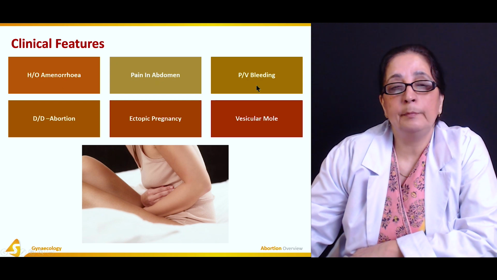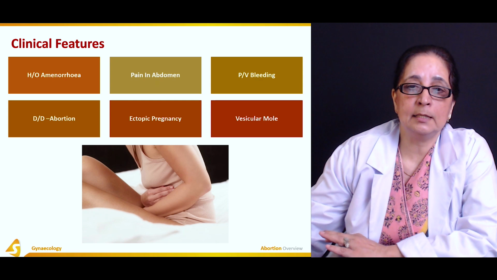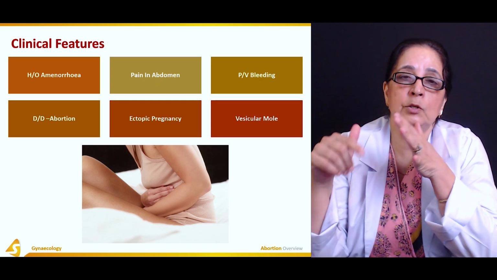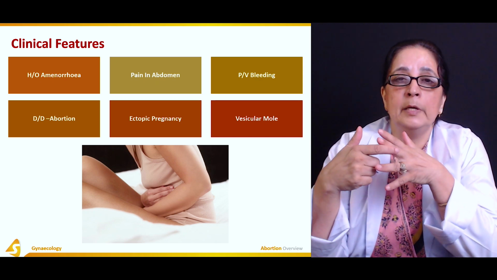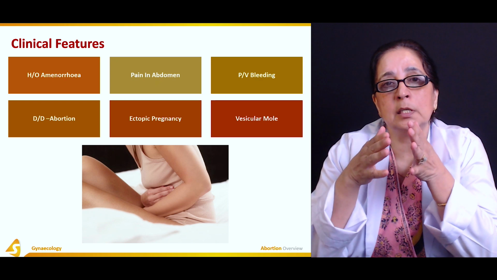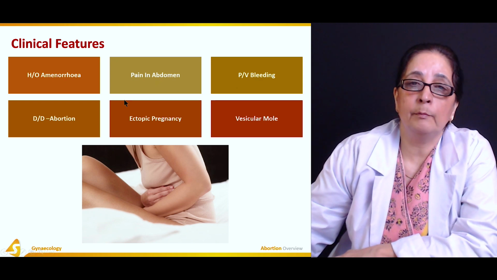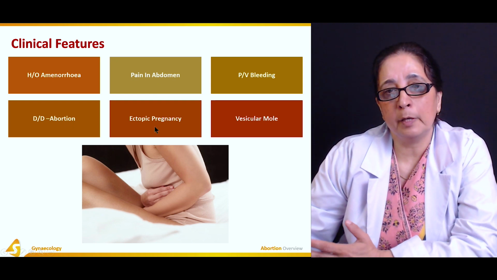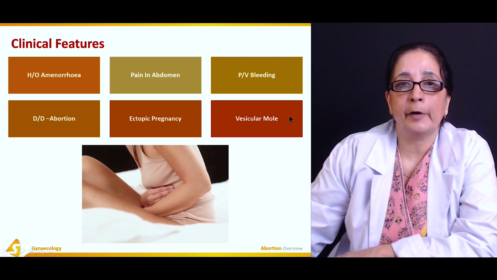So per vaginal bleeding and lower abdominal pain, and when this happens with a positive pregnancy test, the first diagnosis that comes to mind is that the patient might be aborting. There might be an ectopic pregnancy, or there might be a molar pregnancy.